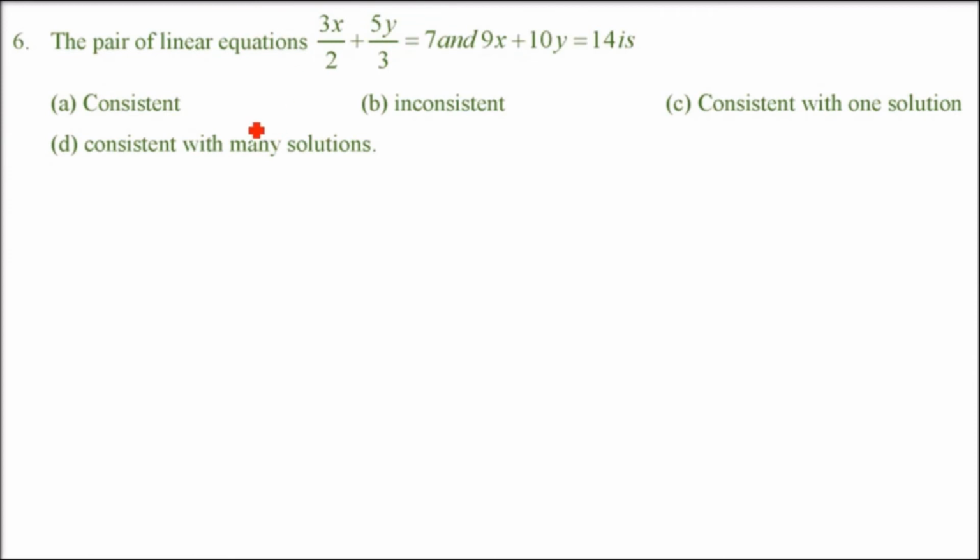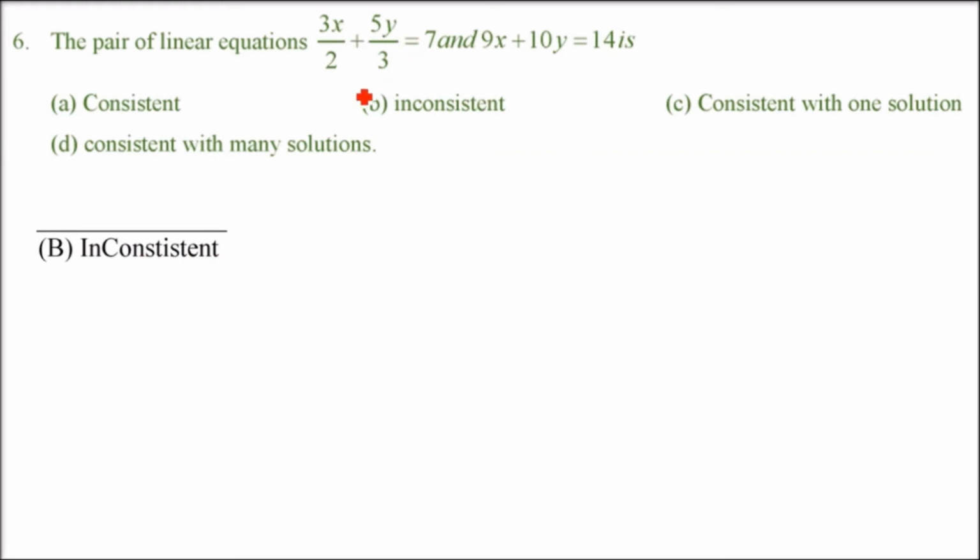The pair of linear equations 3x by 2 plus y by 3 equals 7 and 9x plus 10y equals 14 is: consistent, inconsistent, consistent with one solution, consistent with many solutions. What do you have to do? This is basically inconsistent. I'll show you how.